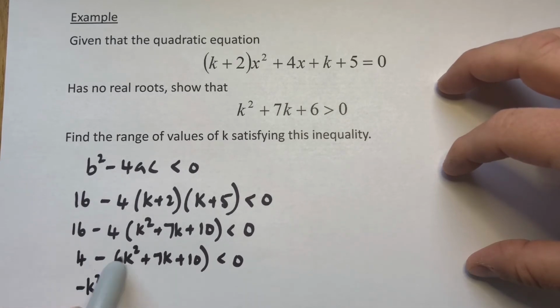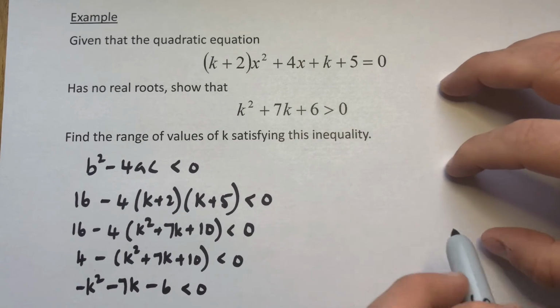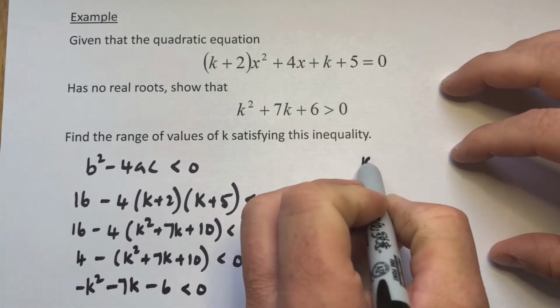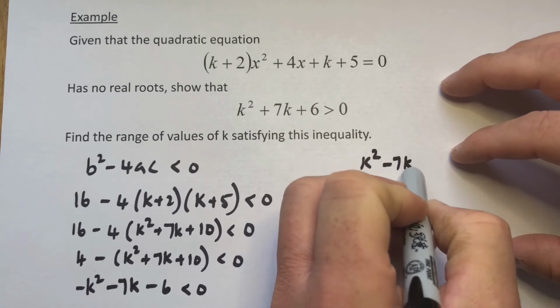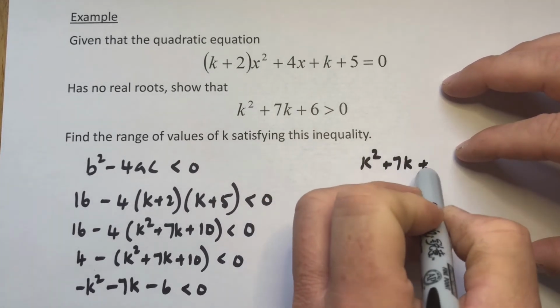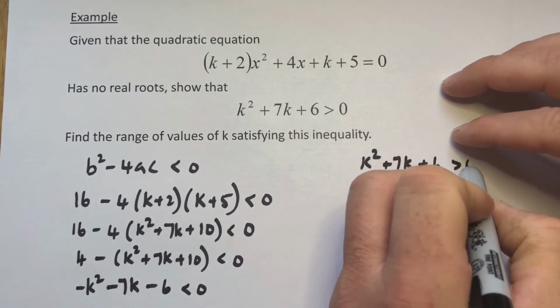Then I've got minus 7k. And 4 take 10 is minus 6. That's below 0. Therefore, if I put everything on the other side, k squared becomes positive, minus 7k becomes positive, and minus 6 becomes positive. If it's all over here, it's now greater than 0.